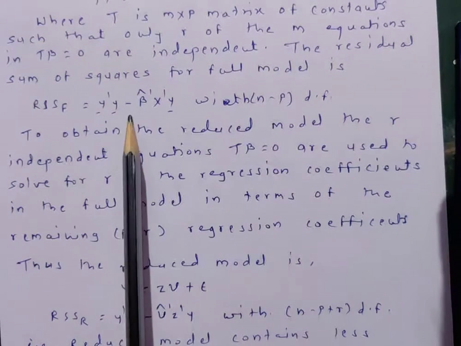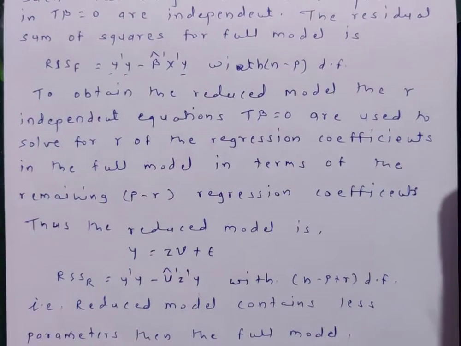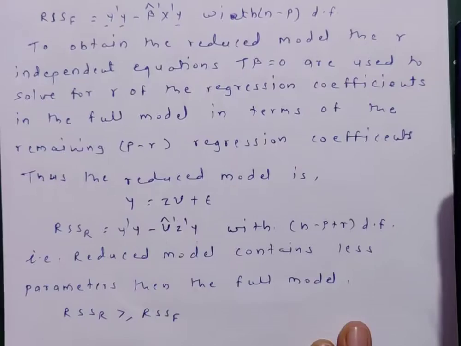That is, instead of beta the parameter is changed to gamma, and instead of X we have the reduced matrix Z, with n minus p plus r degrees of freedom. That is, the reduced model contains fewer parameters than the full model. So that means we have RSS R greater than or equal to RSS F.